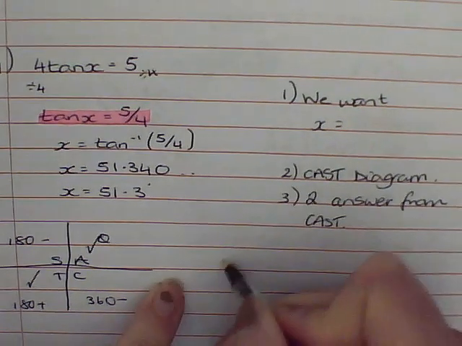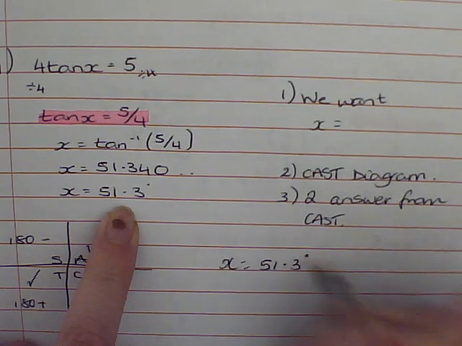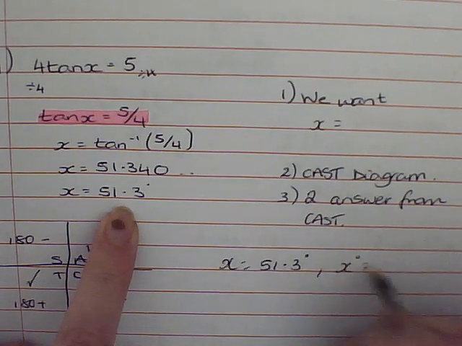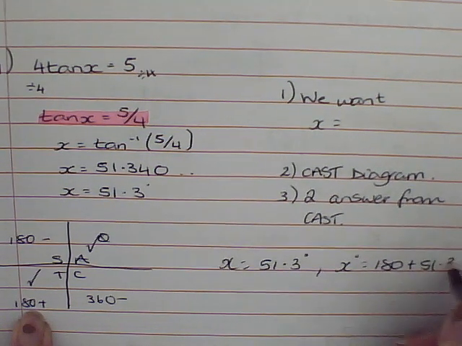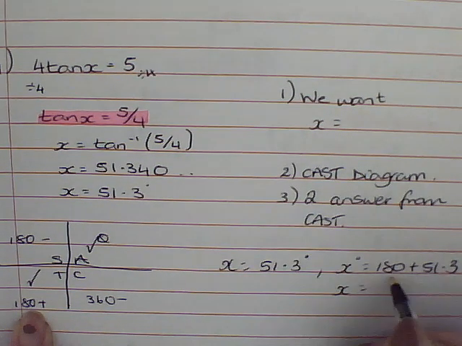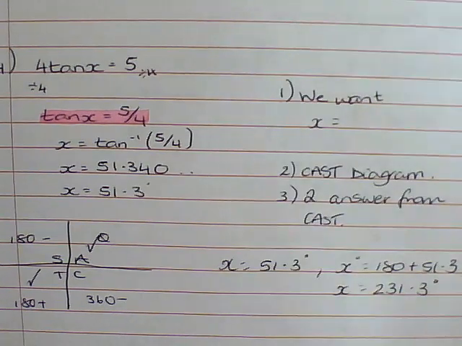Alright. So we've got x equals the angle, 51.3, and x equals 180 plus 51.3, which is 231.3. Done.